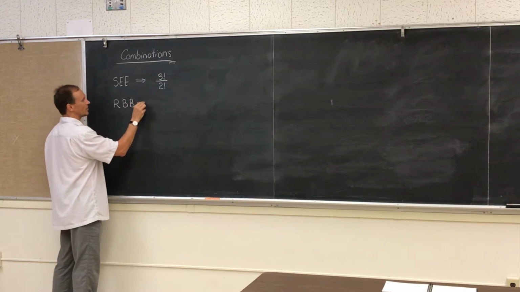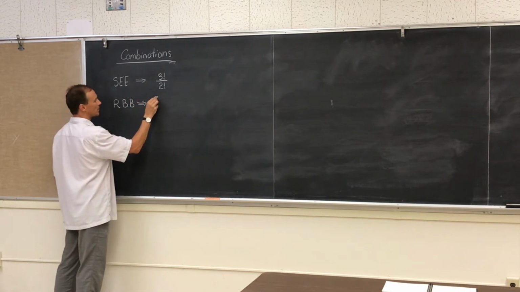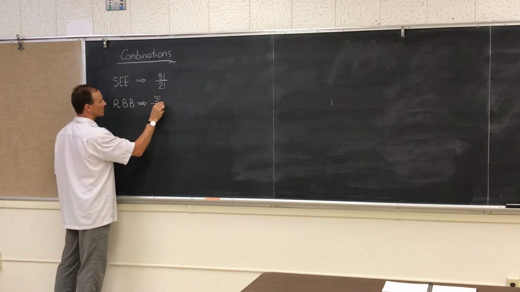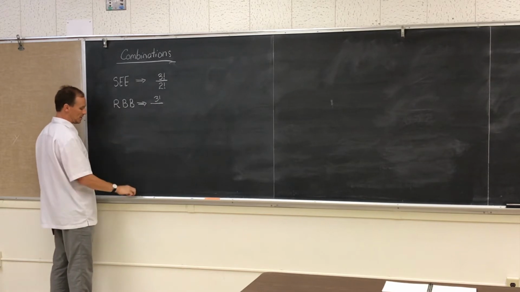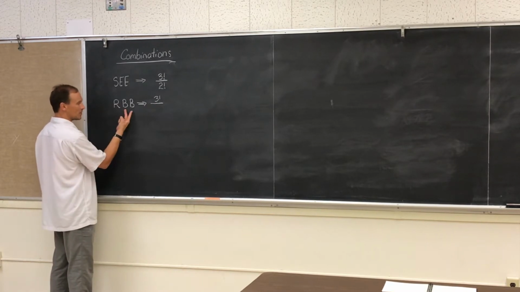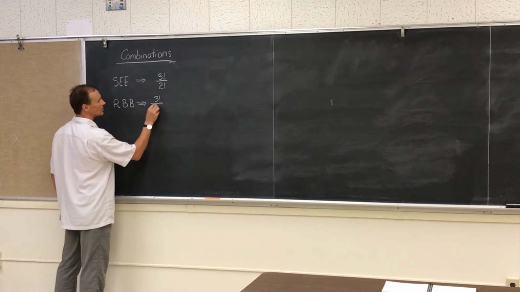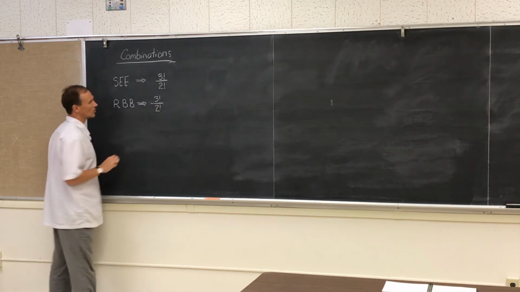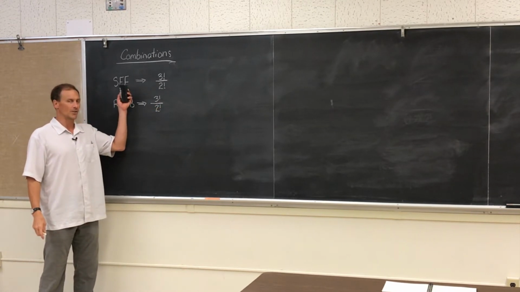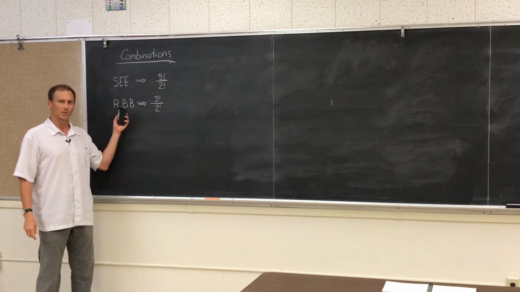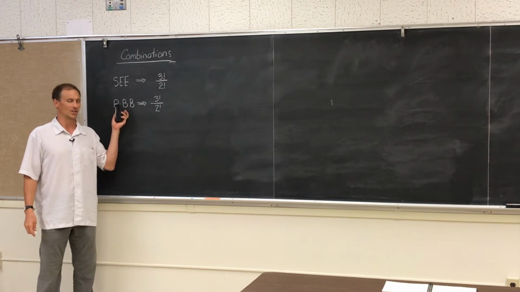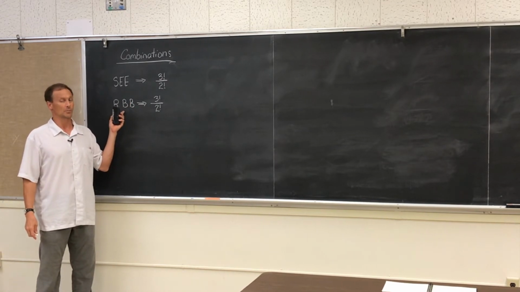So that's 3 factorial. There's a repeat of the B's, so we have to remember that they can be switched. So that's 2 factorial. So in other words, just changing the symbols that we use in no way really changes the problem. It may change its appearance, but not the underlying problem.